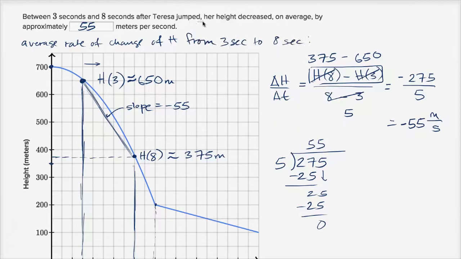But when they're saying that her height decreased, that's already taking the negative into consideration. They're saying it's definitely decreasing. That's what the negative is already telling us. It's decreasing by a rate of 55 meters per second. Hopefully that makes some sense.